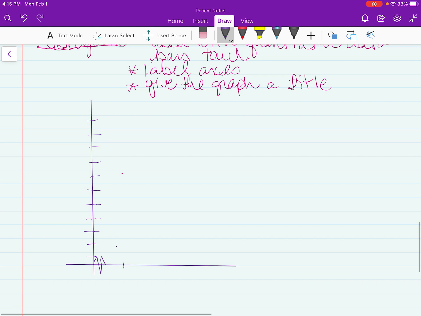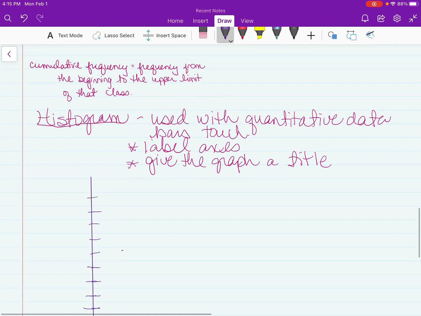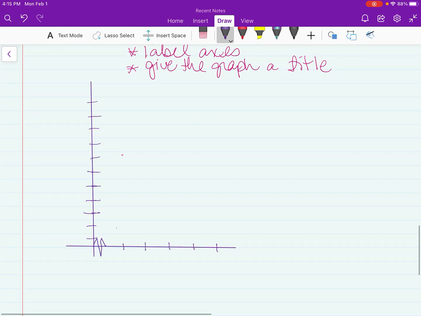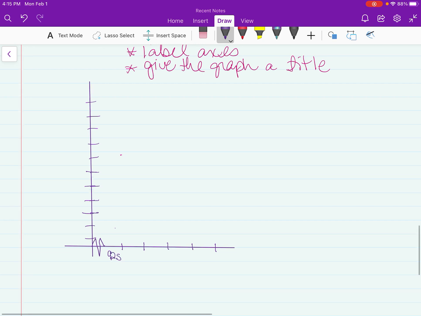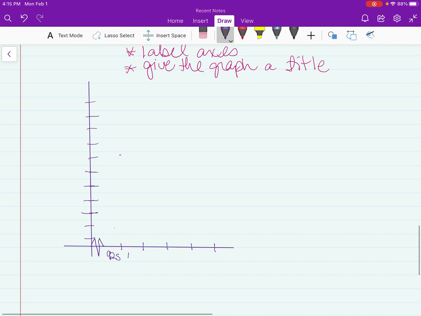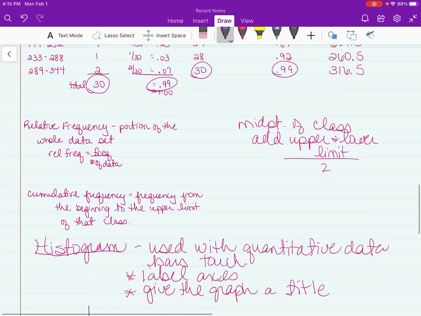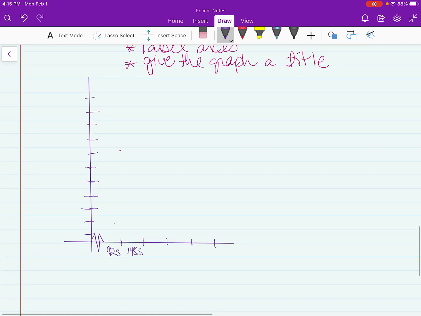And so I'll have 5 bars, and I'm going to use the midpoints to label each of my bars. So 92.5, 148.5, 204, 260, and 316.